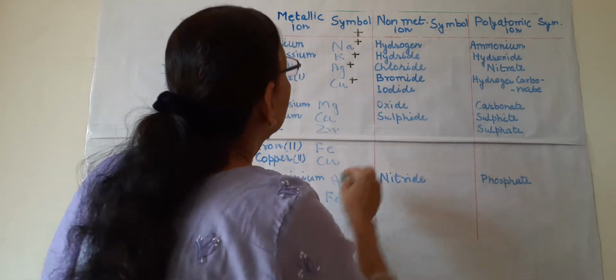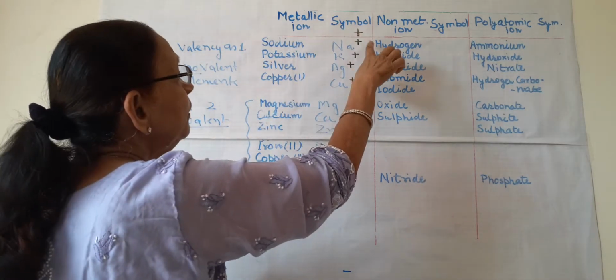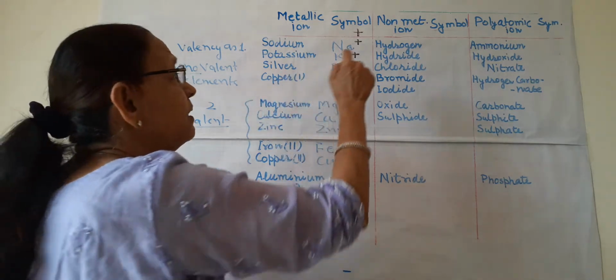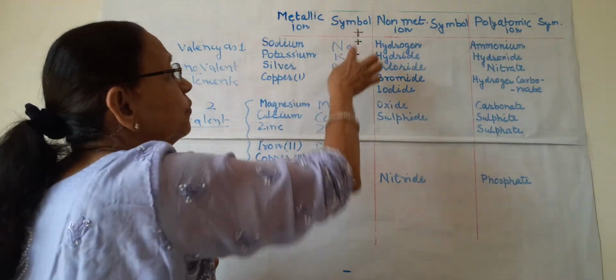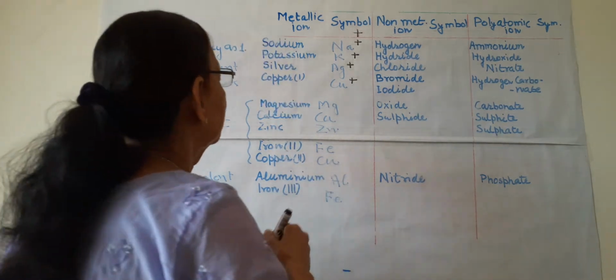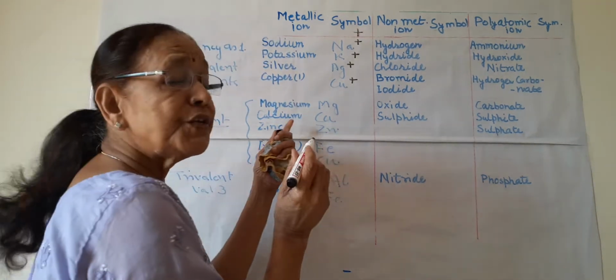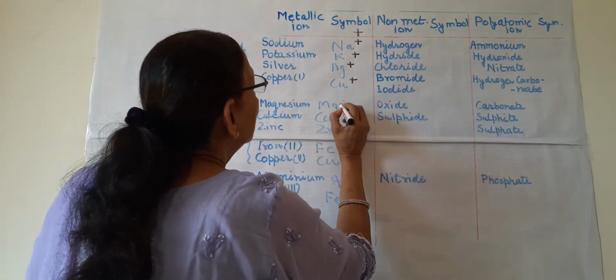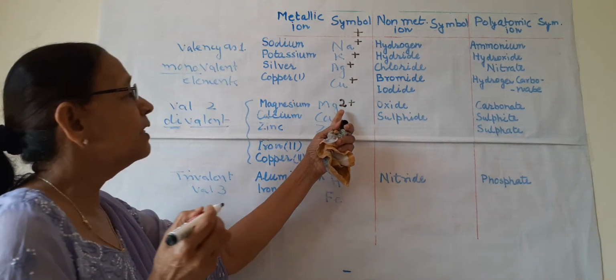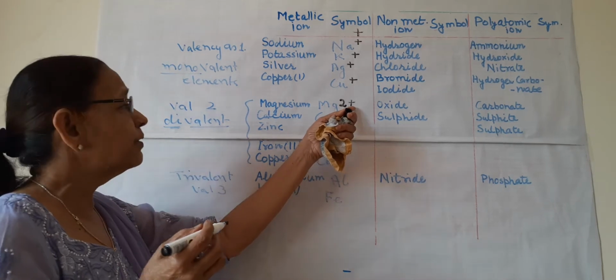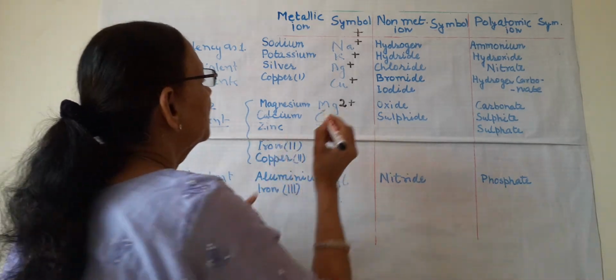And now the valencies. These four have single valency, and the valency of metals is positive, so we just write plus. This Mg, magnesium, has valency 2 plus. Its valency is 2 and it is positive, so we write 2 plus.